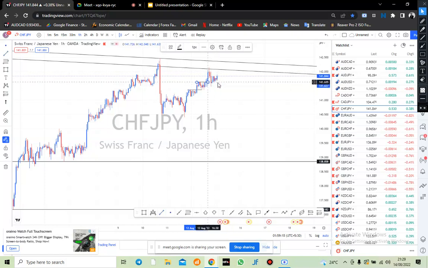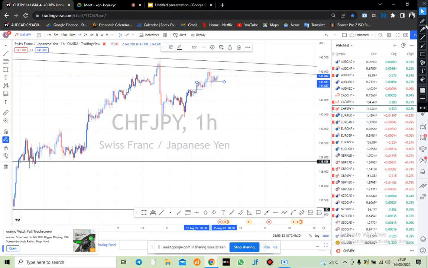Let's say we have the resistance here also become a support. Consolidation, resistance here becomes support, consolidation, resistance here becomes support.